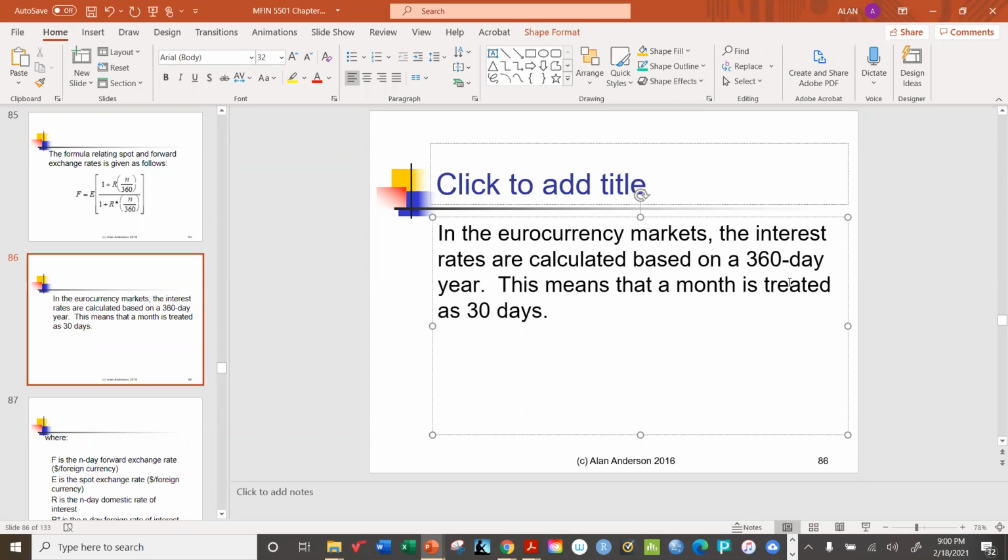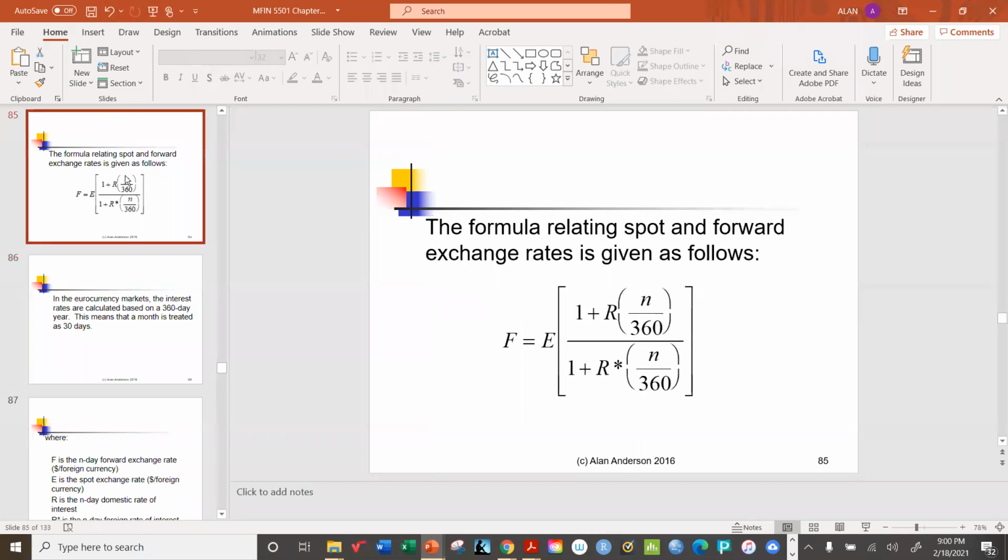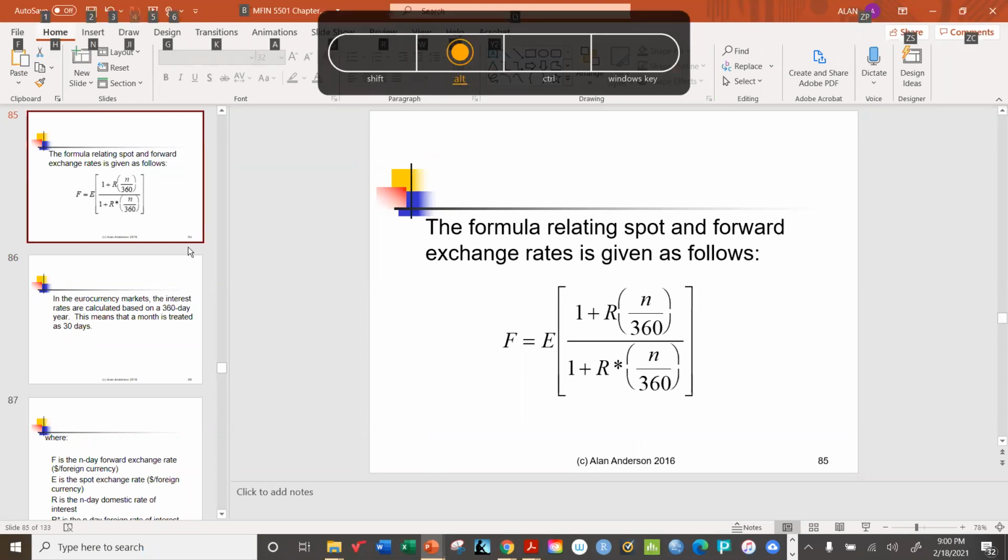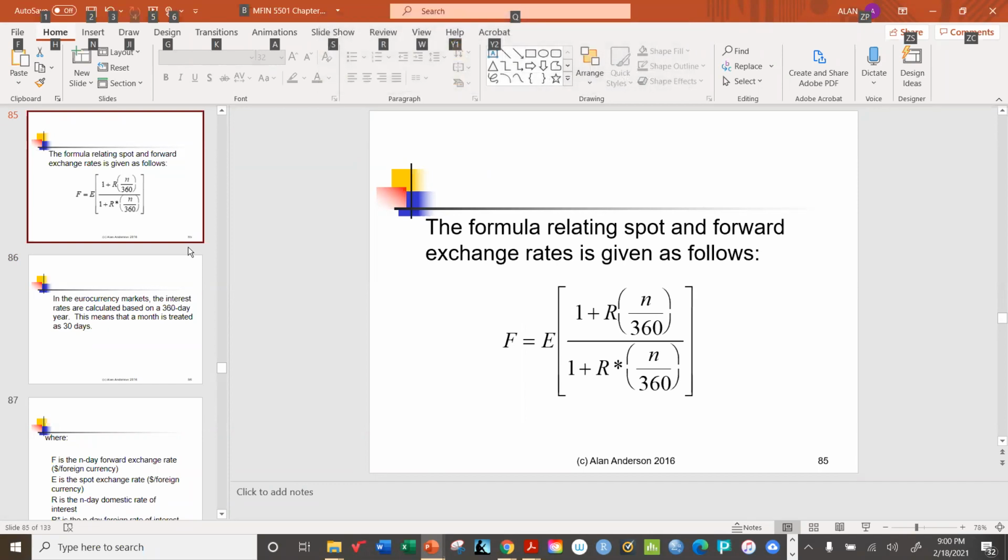There's a lot of other possibilities, but in these markets, we typically had 30 days representing a month and 360 days representing a year. So in this formula that you'll see, F is the forward exchange rate, and it's being quoted in days. So in other words, F is the N day forward exchange rate.